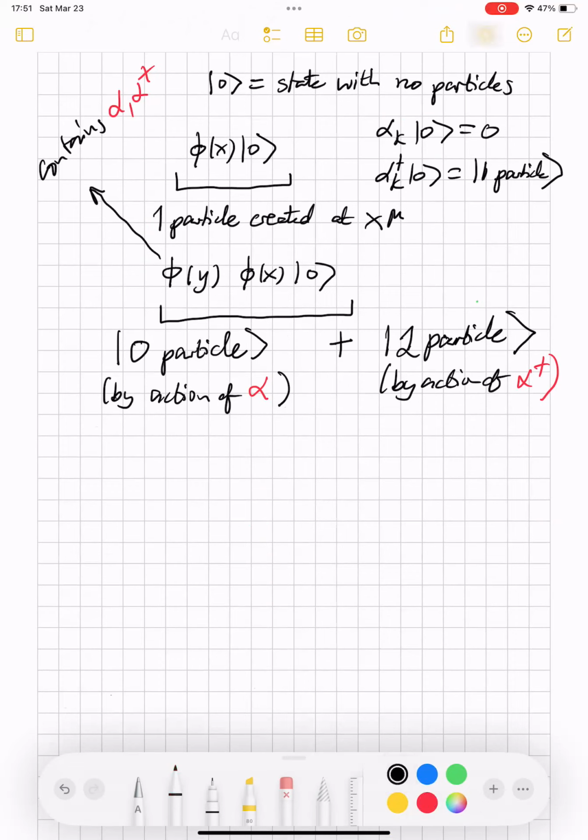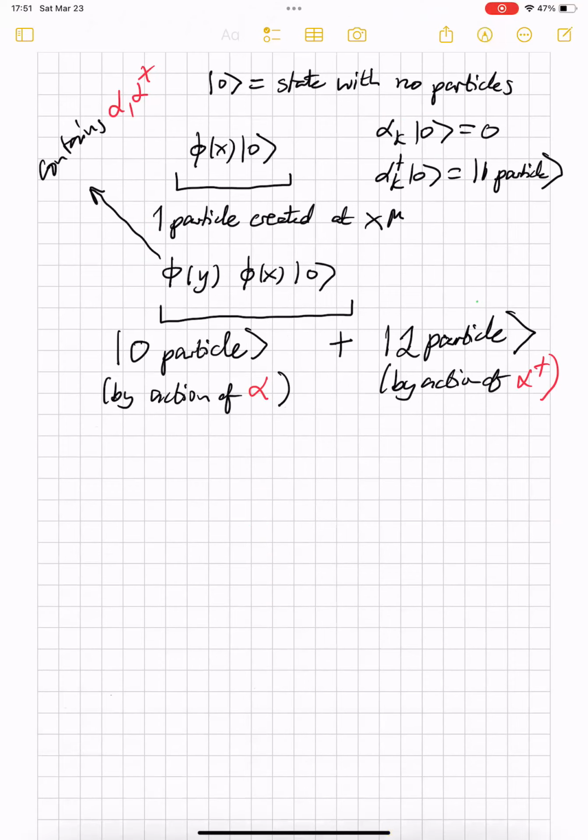And let's just even be a little bit more explicit. This no particle state, how was it obtained? Well, we created a particle at x^μ and destroyed a particle at y^μ. How was this two particle state created?